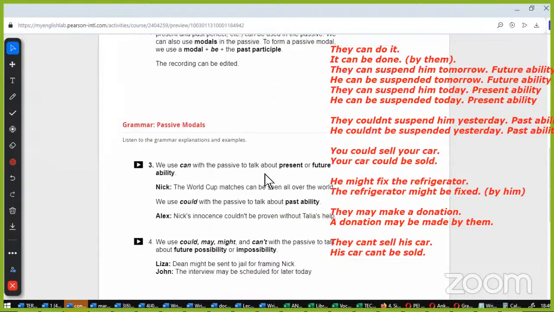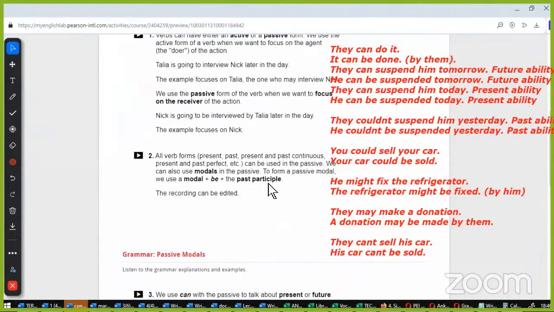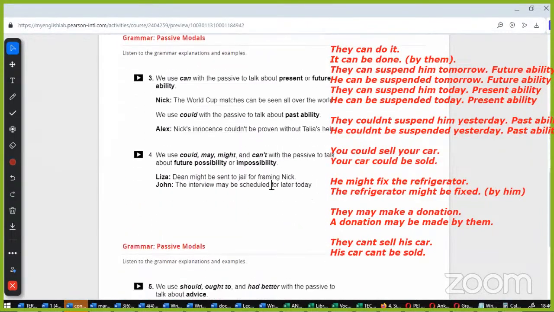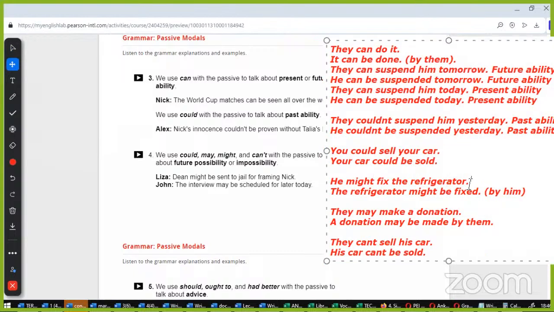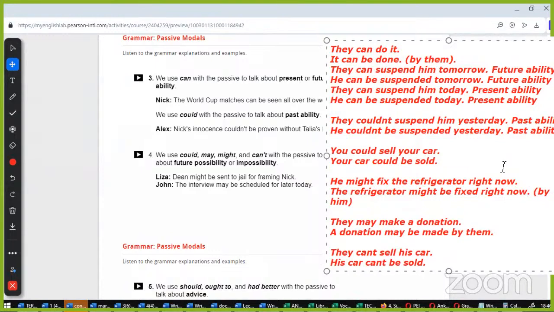I don't know where it says that. But it can express the present here. It's a good question. He might fix the refrigerator. We could say right now, the refrigerator might be fixed right now. So in here, it expresses present, but it could also express future. You could sell your car tomorrow, or your car could be sold tomorrow. So here it expresses future. They may make a donation right now. So it can express present or future. They can sell his car.